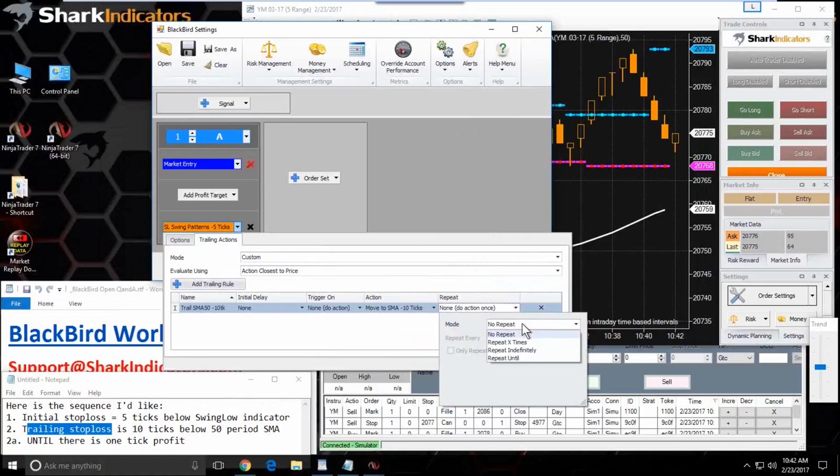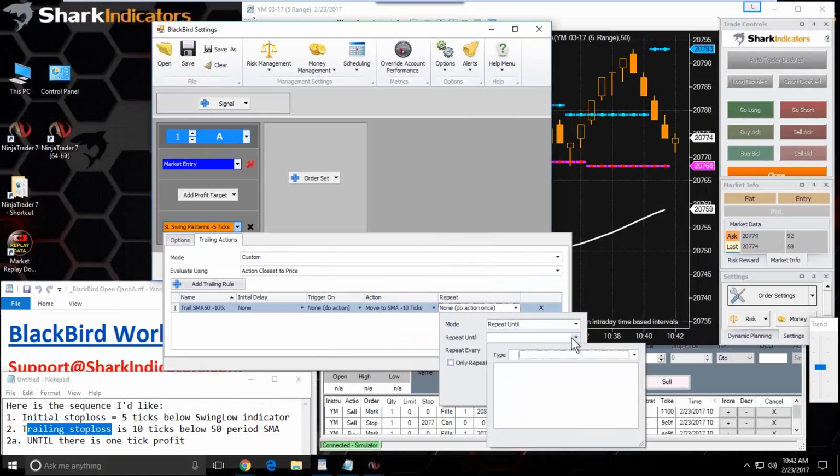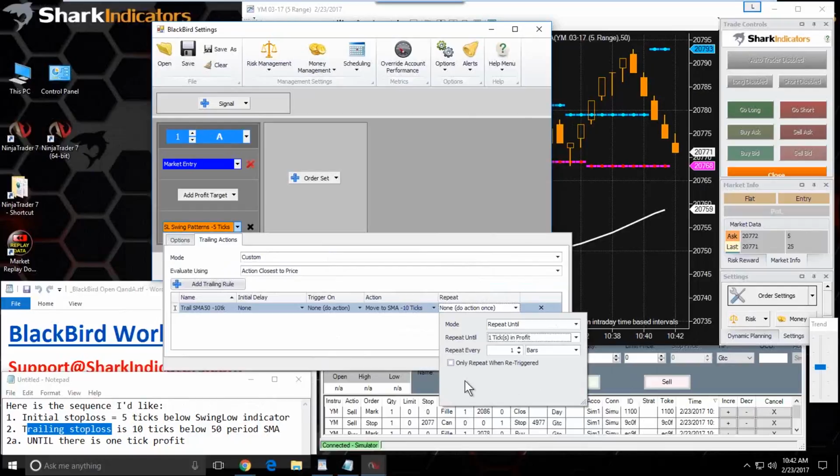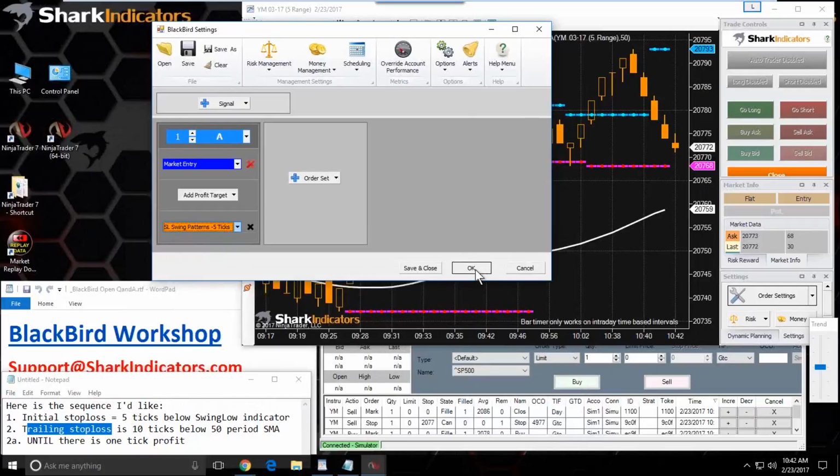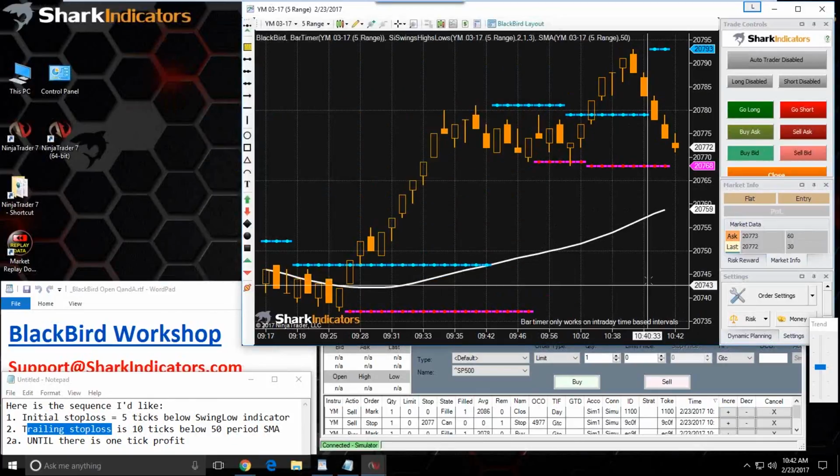And we have a repeat until, and we're going to repeat until we get a certain profit or loss. There you go, so one tick in profit. Okay, that should do it.